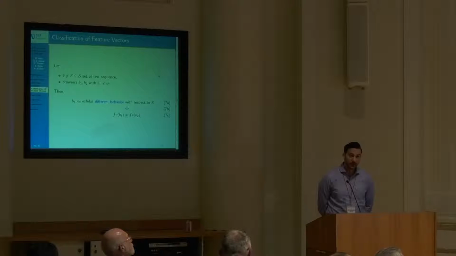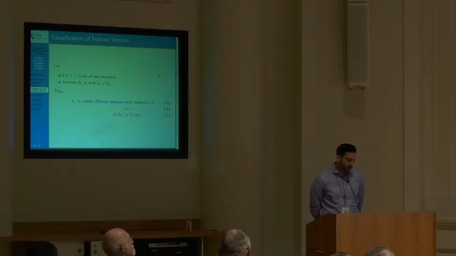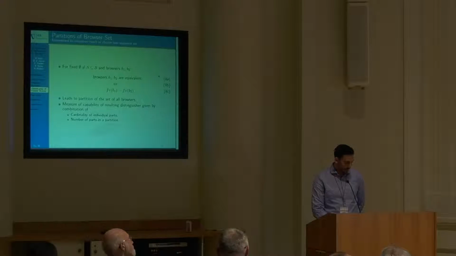Now, for classification, for a given non-empty set of sequences S and 2 different browsers, we say that they exhibit different behavior with respect to S if and only if their feature vectors differ. This then leads to an equivalence relation on the set of all browsers, which in turn leads to a partition on the set of all browsers.